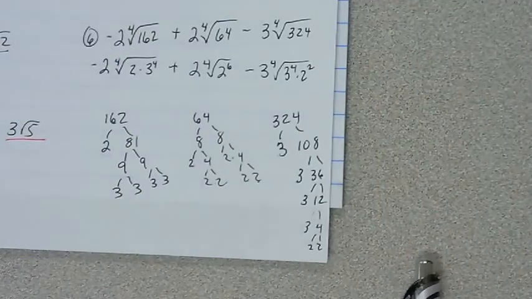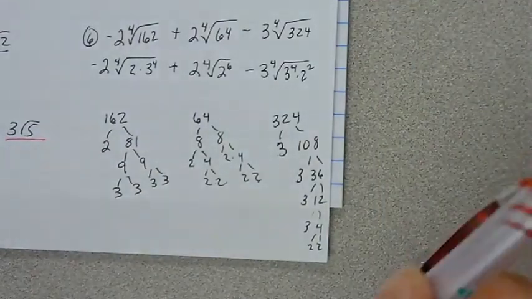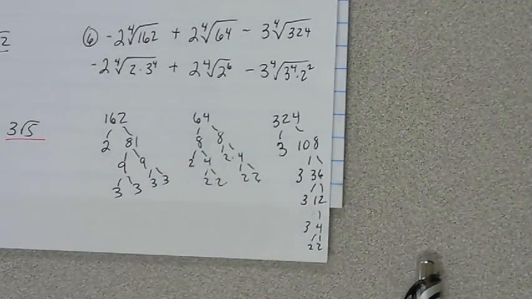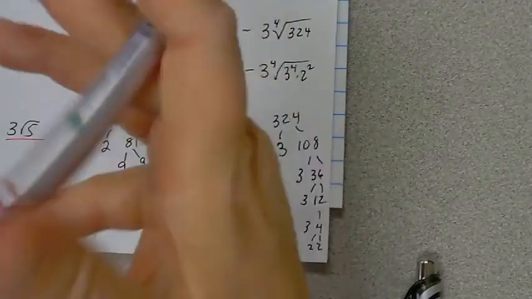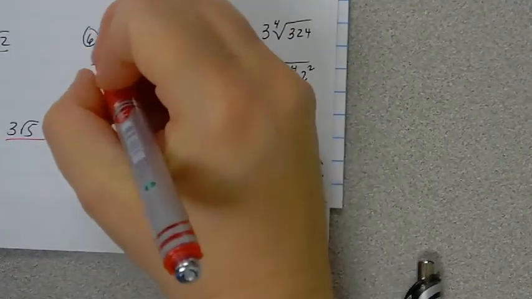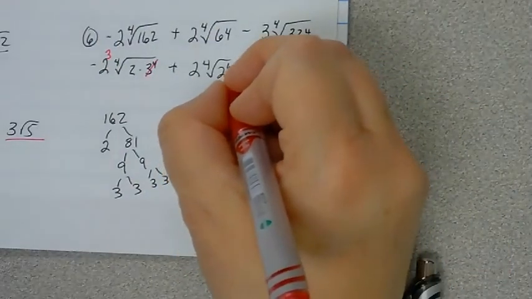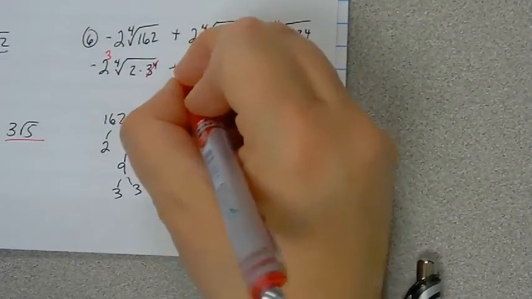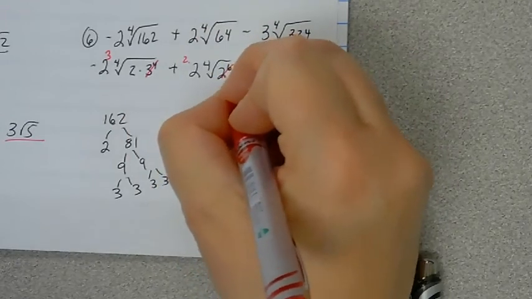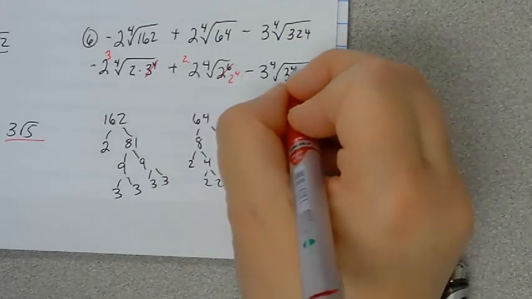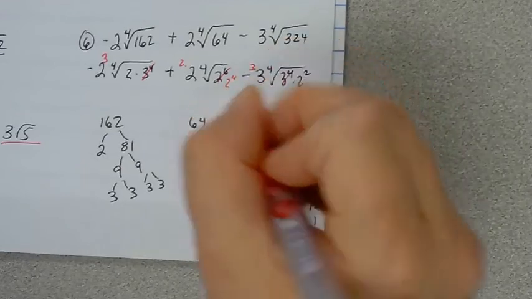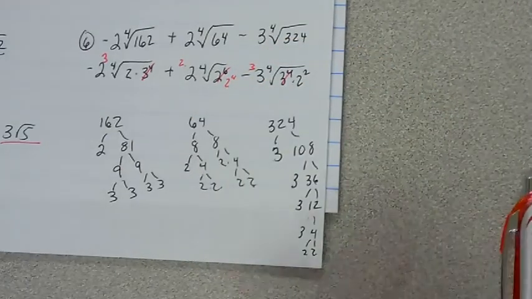So now I'm going to go look for things that will come outside the radical. I'm looking for things that happen in fourths. So 3 to the 4th is going to bring a 3 out here. 2 to the 6th, that's going to bring a 2 outside, but leave a 2 to the 4th on the inside. This is going to bring a 3 out here. So here's what I've got.